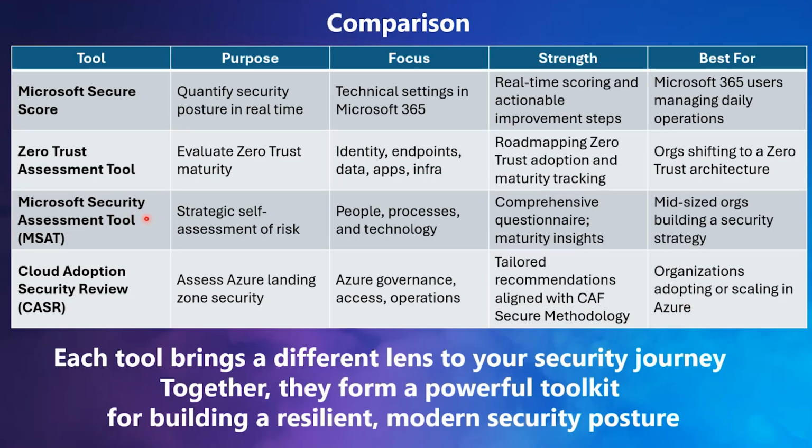And we have the Microsoft Security Assessment Tool. It is a tool that needs to be installed on a machine, and then you run it from there. And once again, it's a self-assessment where you need to answer those questions yourself. There again, all of these tools, as well as the Cloud Adoption Security Review, help you build those Azure landing zones.